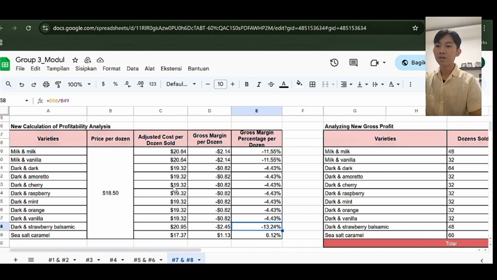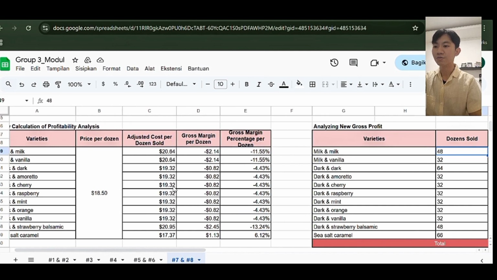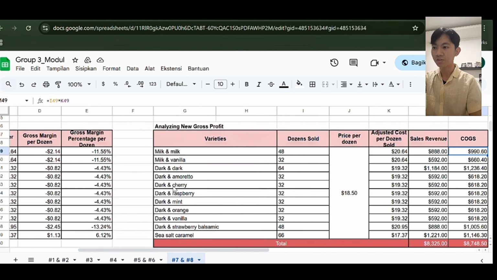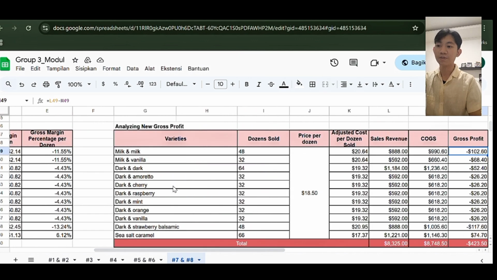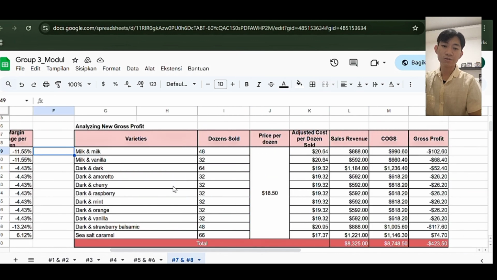So we move on directly to analyzing the new gross profit. We can see milk and milk varieties with dozens sold at 48, which remains the same, and the price. So we do the adjustment of the cost, I mean.